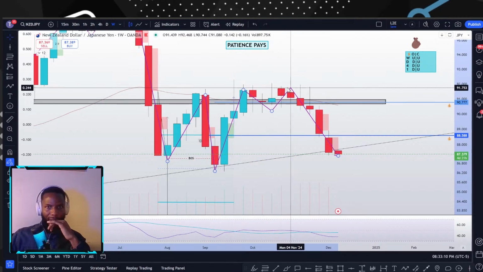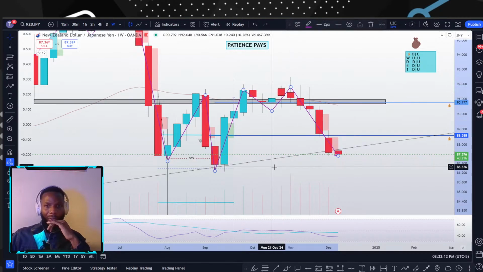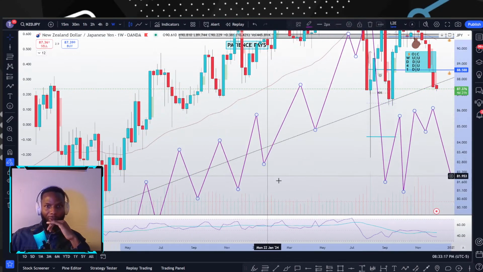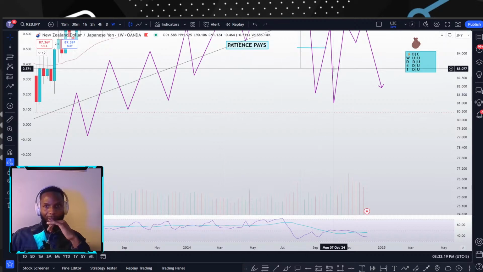Yeah, I'm taking this as a break of structure. So there's some areas that are tricky sometimes when you are trying to mark up the structure, but this is what we have. So I'm going to move this down here.